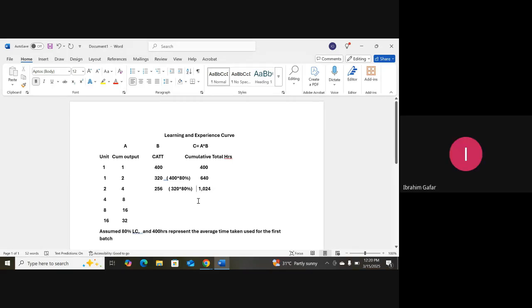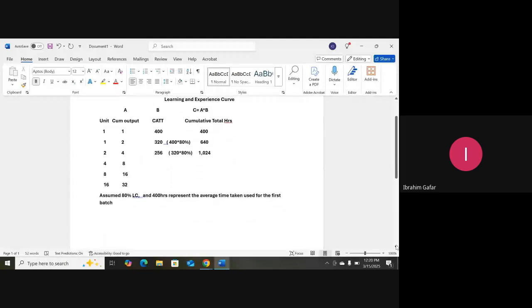Then mathematically, because in some cases, if you are given a question that is not possible for you to use a table, what that implies is that the output is not possible to double. Let's assume they are giving you 1, 2, 4, 8, 16, 32.